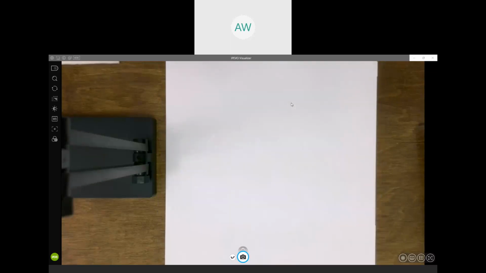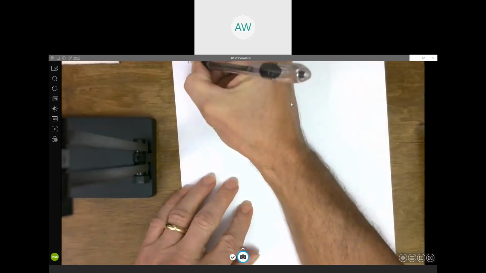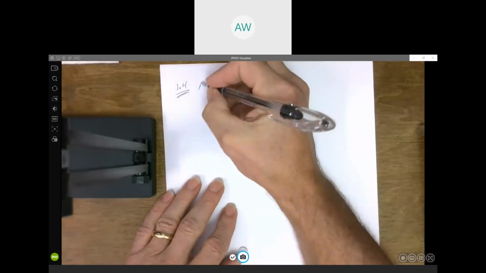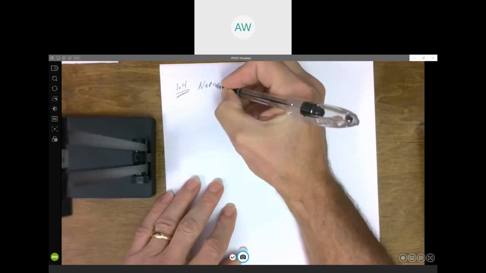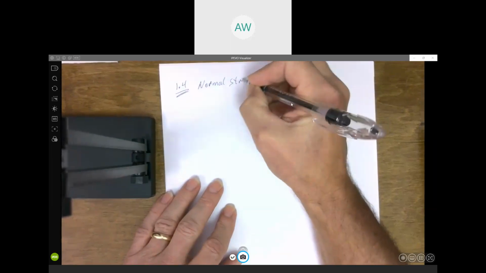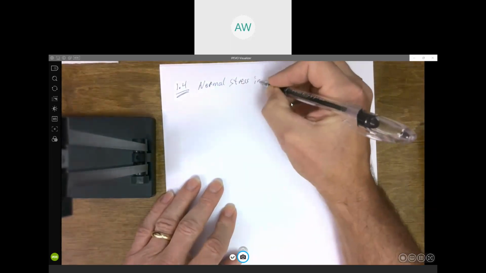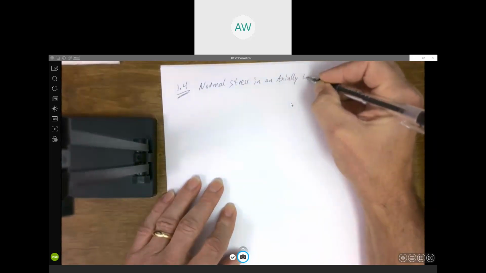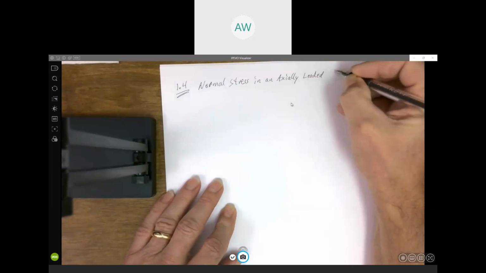So first up, again, would be what's in the next section in your book, section 1.4. And we're looking at normal stress in an axially loaded member.